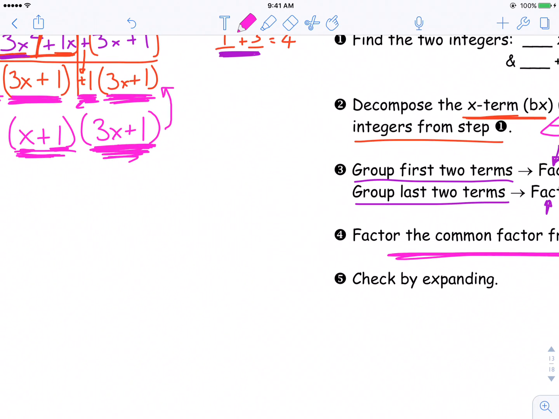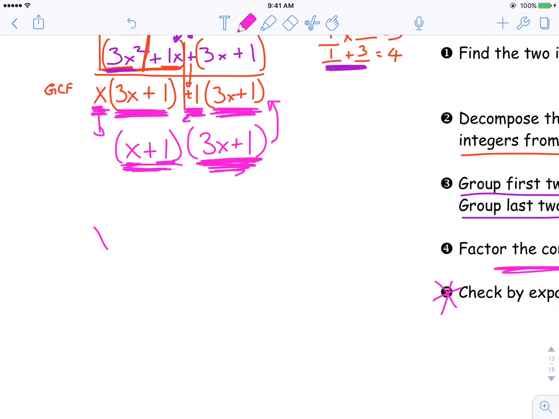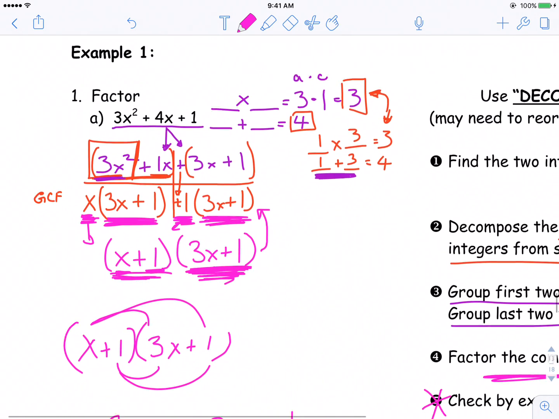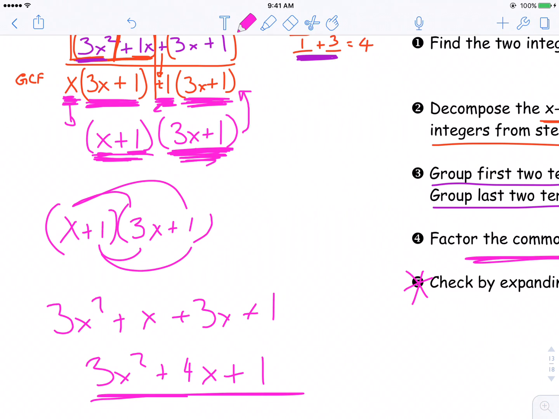And like it says right here, I could very quickly check this by expanding. X plus 1 times 3x plus 1, FOIL, first, outside, inside, last, gives me 3x squared plus x plus 3x plus 1, which is 3x squared plus 4x plus 1. Done.